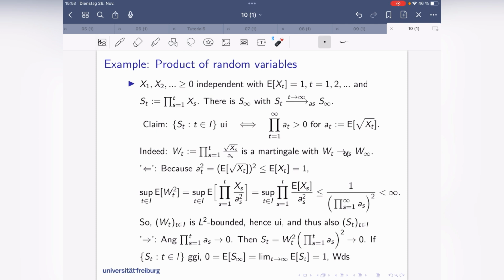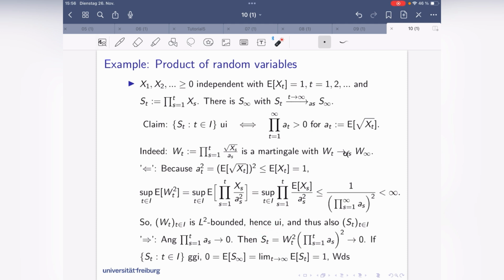And as we're in the direction from right to left, that product is non-zero. Sorry, it's not zero, which means that this here is finite. So we find that W_t is an L2 bounded martingale, so it's uniformly integrable.